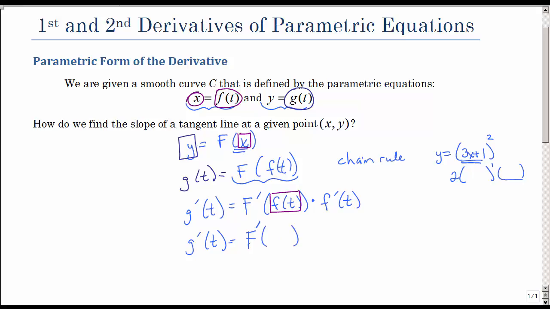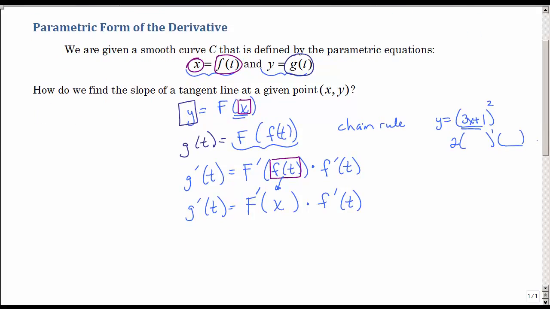In fact, we have the derivative of our function of x, because we're going to go back and replace f of t with x, multiplied by the derivative of lowercase f, and that's our derivative with respect to t. Man, that's really ugly. Let's see if we can do some rearranging. Can I not divide both sides by f prime of t? I think I can. I think that is allowed.